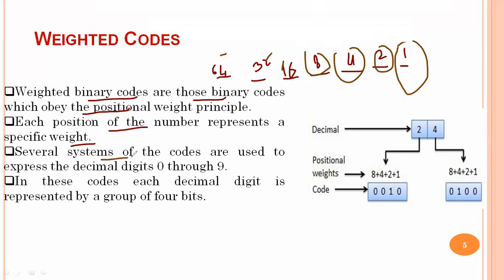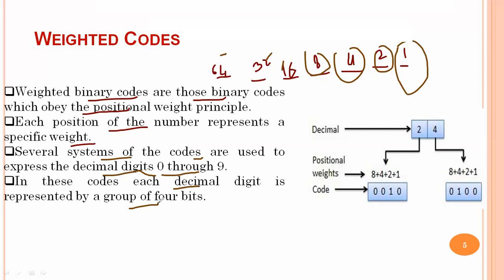Several systems of codes are used to express the decimal digits 0 through 9, and in these codes each decimal digit is represented by a group of 4 bits.